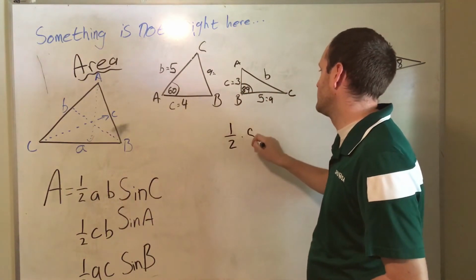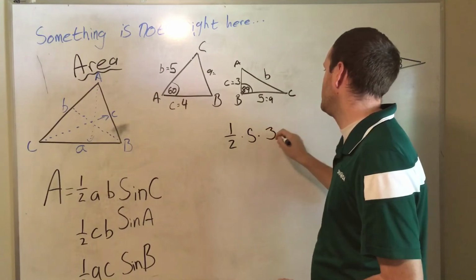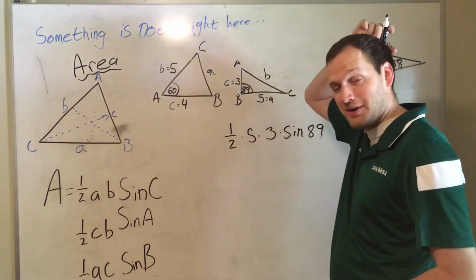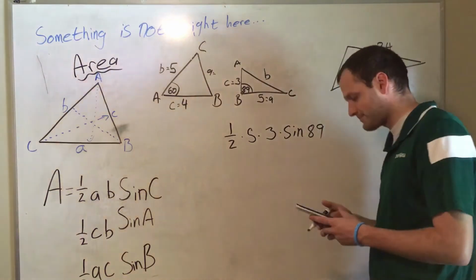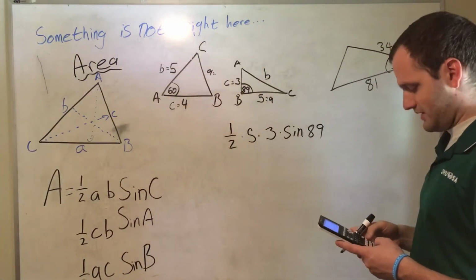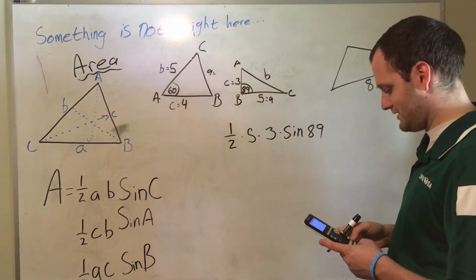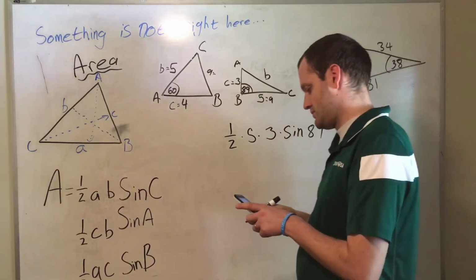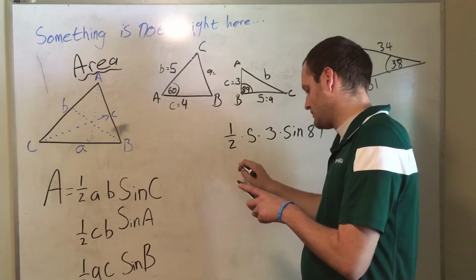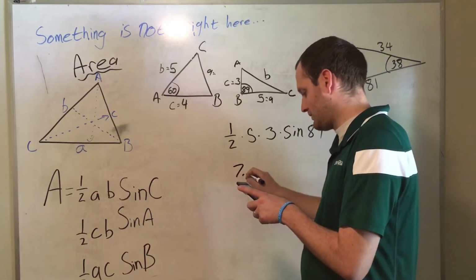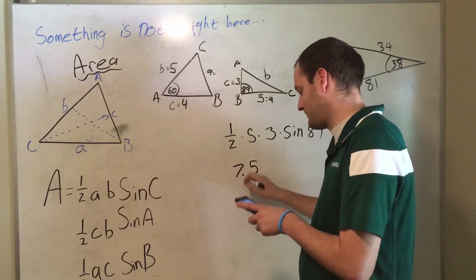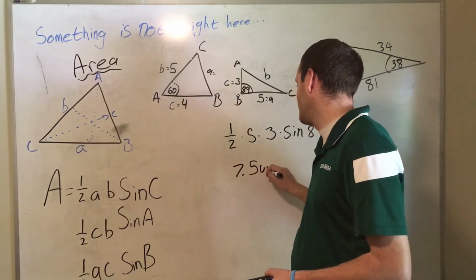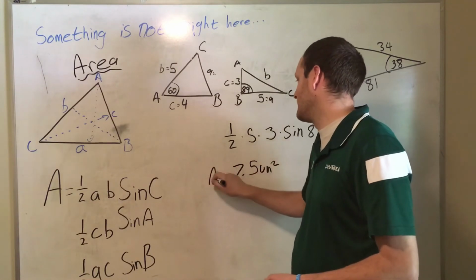So 1/2 A times C times sine of 89. That's almost a right angle. Almost. 0.5 times 5 times 3 times sine of 89 gives me 7.5. 7.49, but it's going to be 7.5 units squared. That is the area.